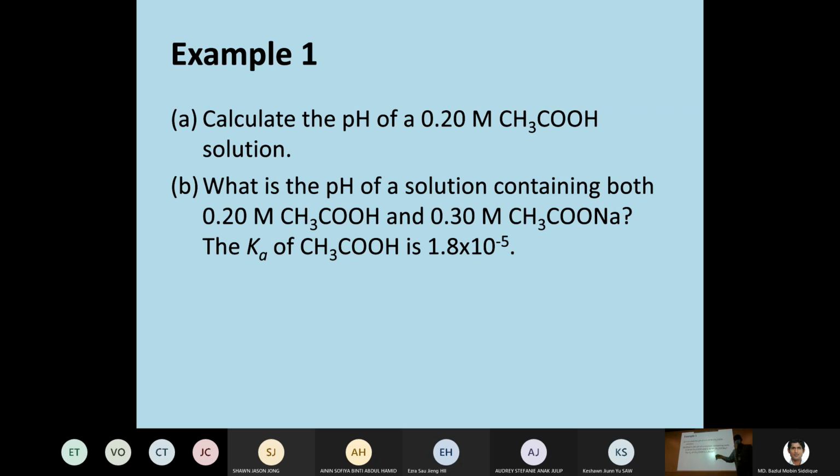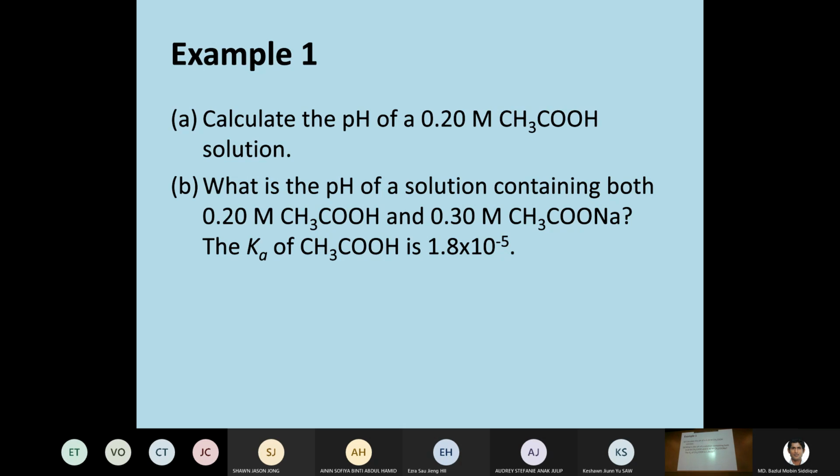They could be the same strength, doesn't matter, but in this case it's a different strength. So these are two different strengths, and they were there in the solution. The Ka is given for the acetic acid as well. Now, what is the pH of the solution for part B?